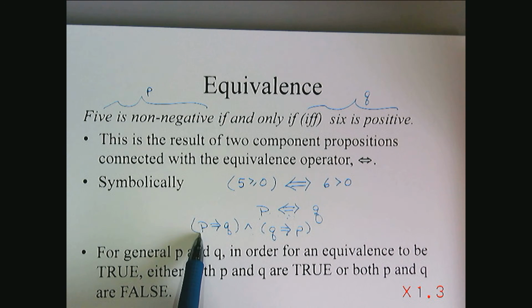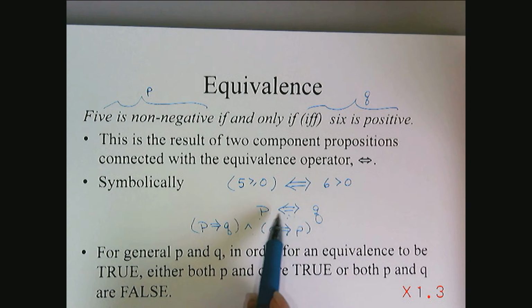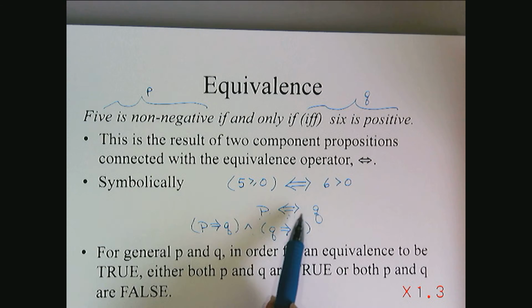But let's say P is true and Q is false. You'd have true implying a false, which is going to be false. False in anything is false. So it has to be the case that P and Q, both propositions, have the same truth value if the equivalence holds. And I say holds meaning gives the value true.